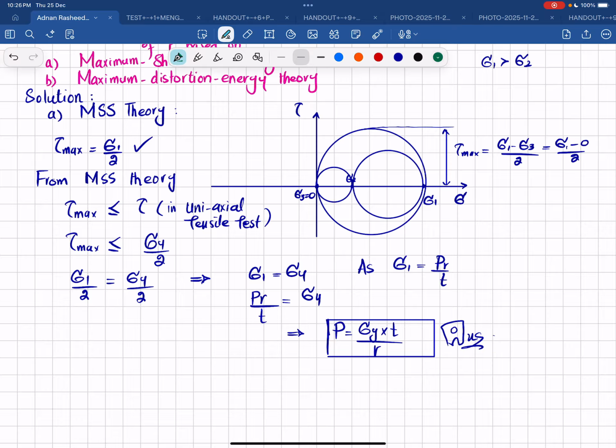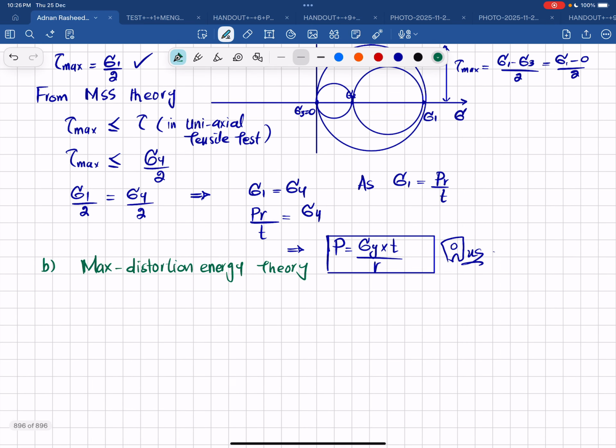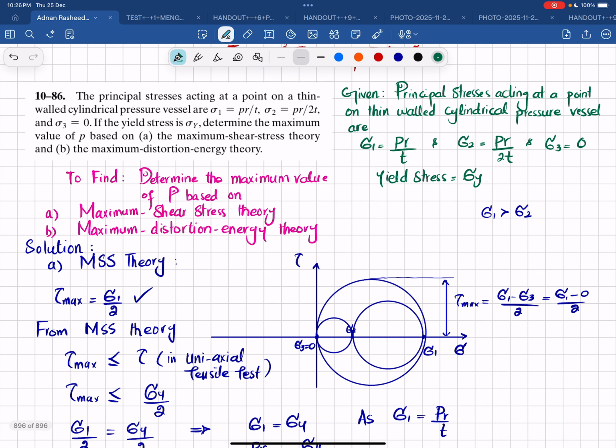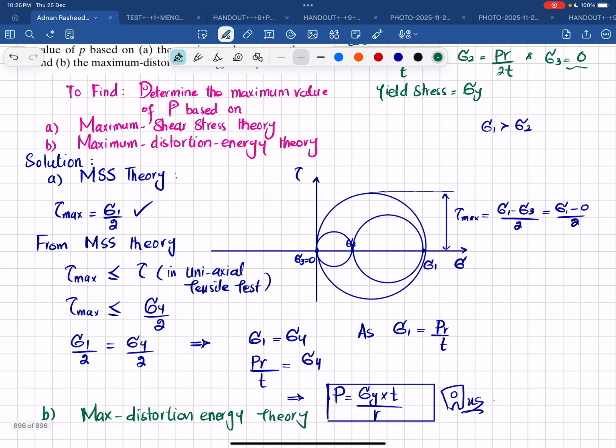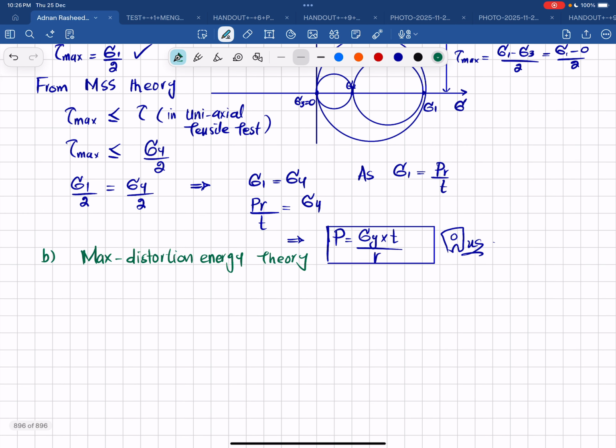Now we will find the pressure in the pressure vessel using the maximum distortion energy theory. For that we have this formula. Since sigma 3 is equal to 0, we only have sigma 1 and sigma 2.